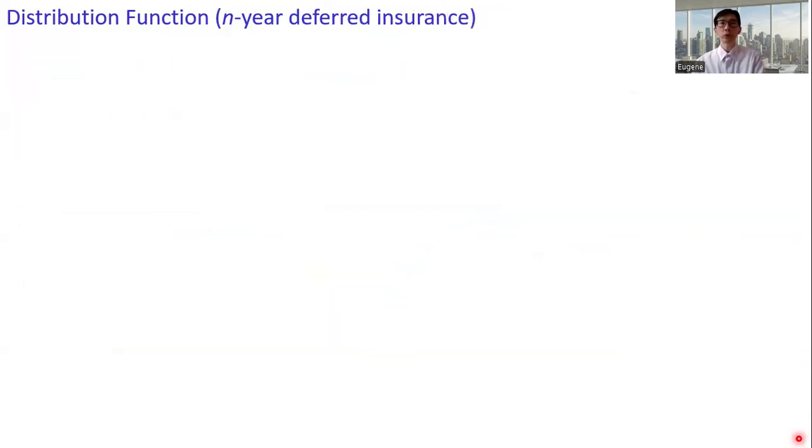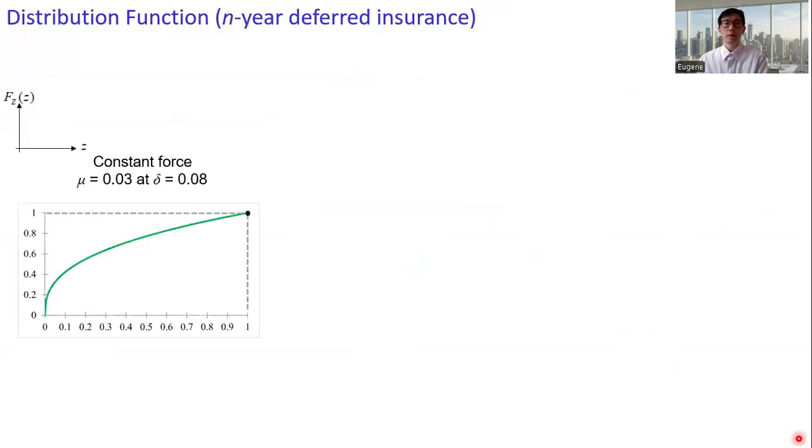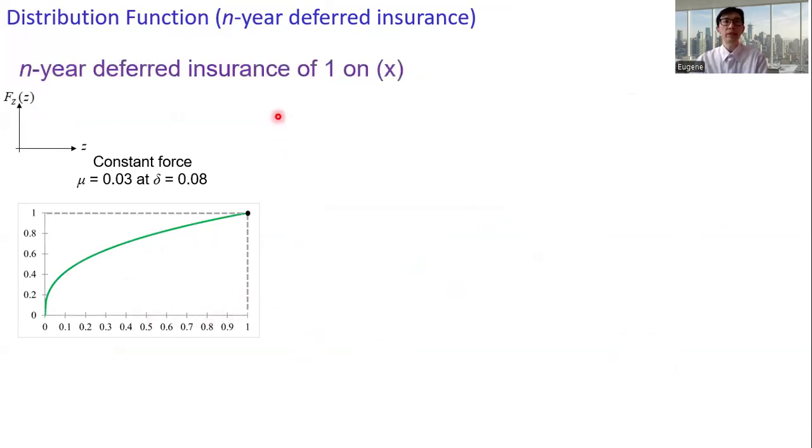How about the deferred insurance? This is the CDF for the whole life insurance. And for the N-year deferred insurance, the PDF of z. Within the deferral period, that is Tx less than n, there's no payment, so z is 0.